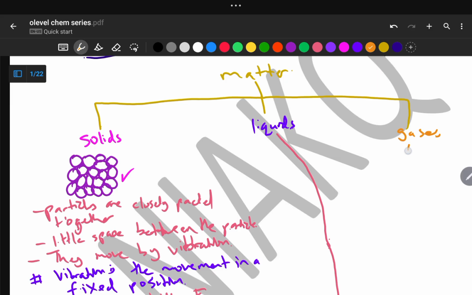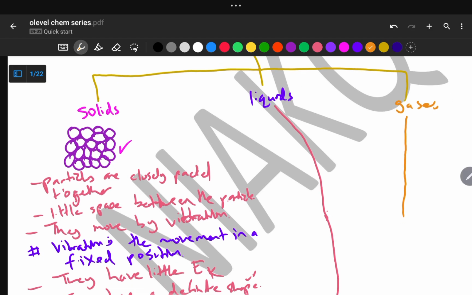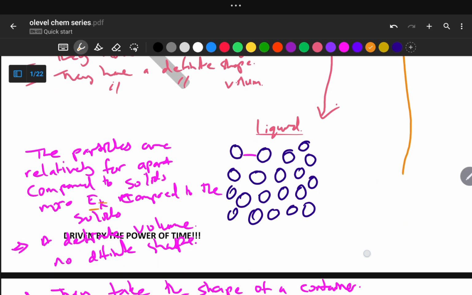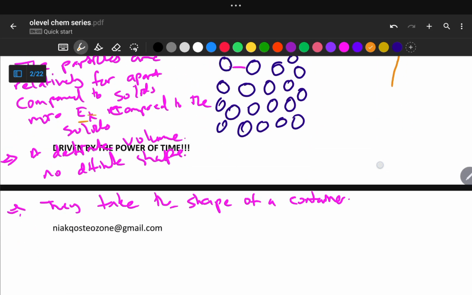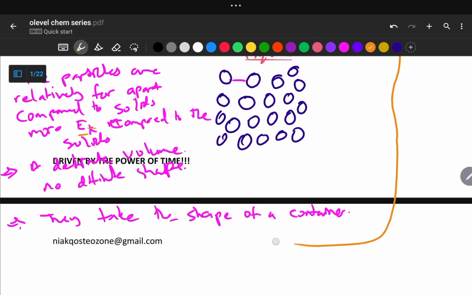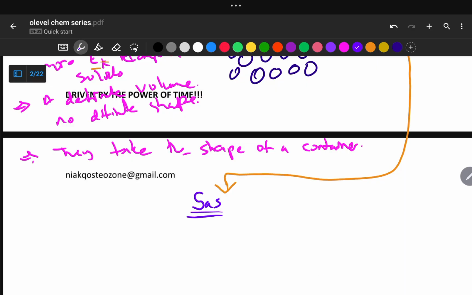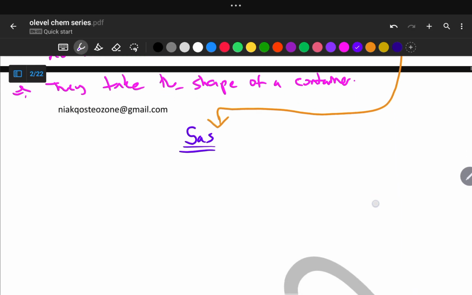So we are now moving on to the gaseous phase, right? We are done with the liquid phase, and done with the solid phase, and now we are moving on to the gaseous phase. Are we together? So this is the gaseous phase, the gases, right? First we are going to draw to illustrate the arrangement of the particles.